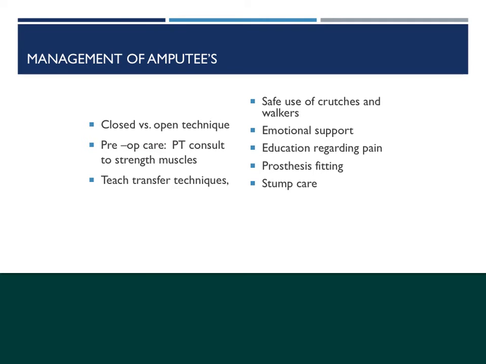Is there going to be a prosthetic fitting right away after the amputation, or will they have to wait? And what will be required of the stump care? Will we be using compression bandages? Will there be a specific type of sock that they have to use? These are all things that are best addressed preoperatively.